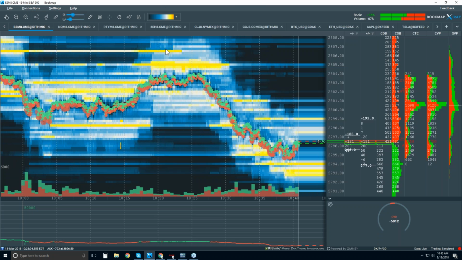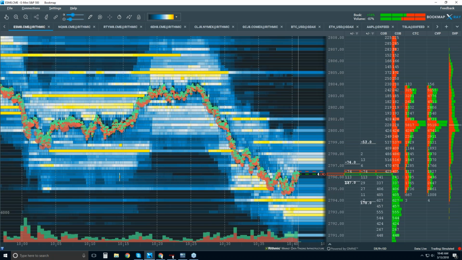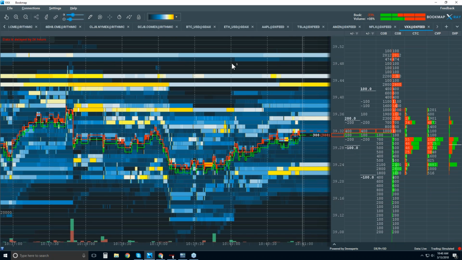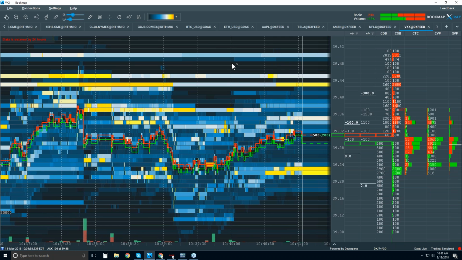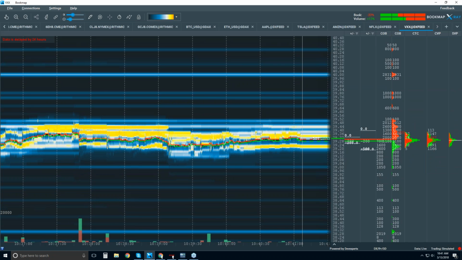All right, well, let's take a look at Bookmap and start to define what we're looking at in terms of all the data here on the screen. Let's take a look at our VXX for the moment. Here you go.